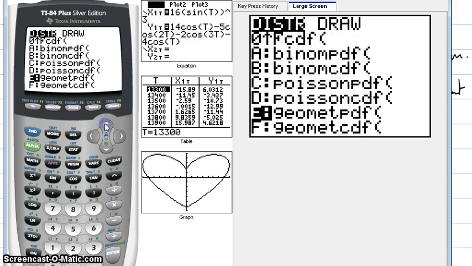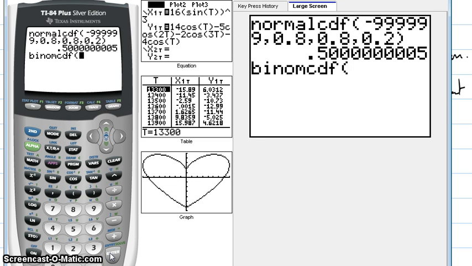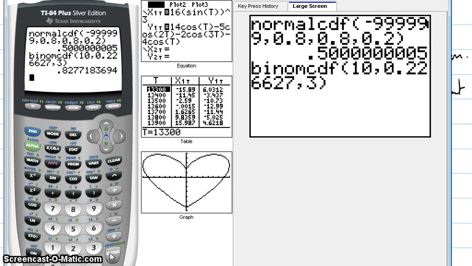Binomial CDF. And I hope I remember how to do this correctly. This is 10 trials, 0.226627 is my probability, and the number of outcomes I want is 3, and that gives me 0.828 to 3 significant figures, and that is indeed the correct answer.